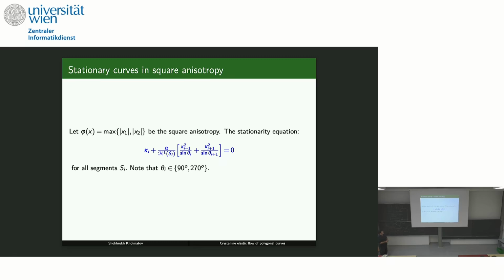Because my admissible curves always are rectangular, maybe with self-intersections, angles are always either 90 degrees or 270 degrees. And so, in this situation, we can completely classify how stationary curves look.